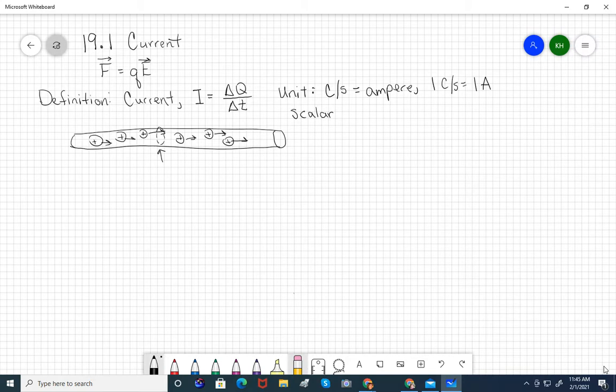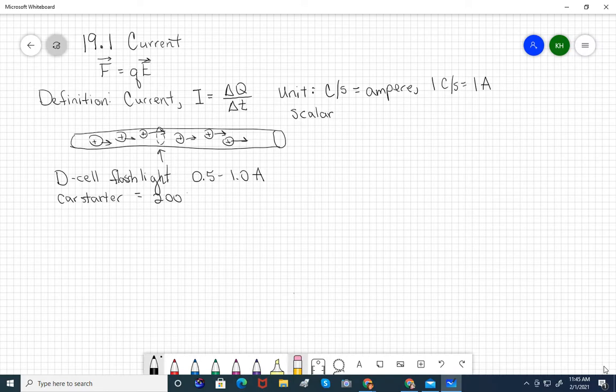Some typical currents, if you wanted to just think your regular old D-cell flashlight, it might typically have a current that's about a half an amp to 1 amp. But if you wanted to look at something like the starter in your car, it might have as much as 200 amps.